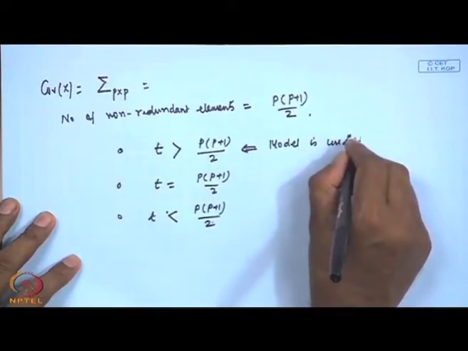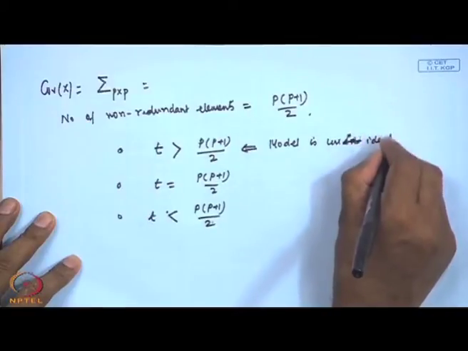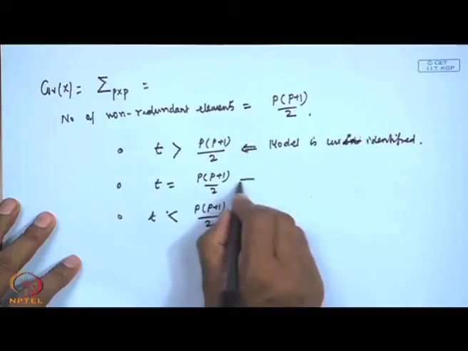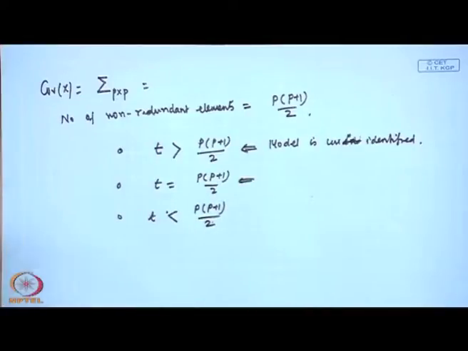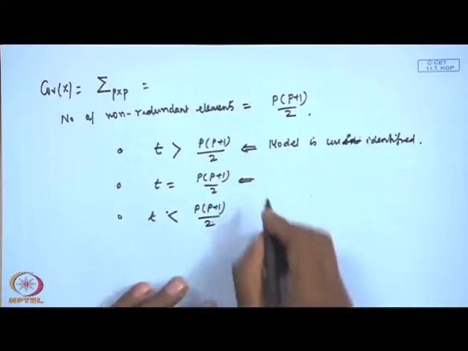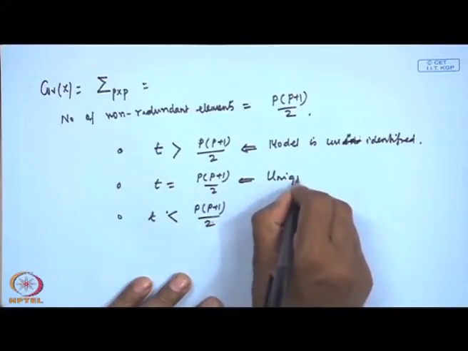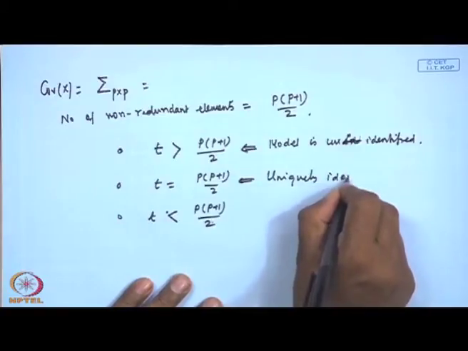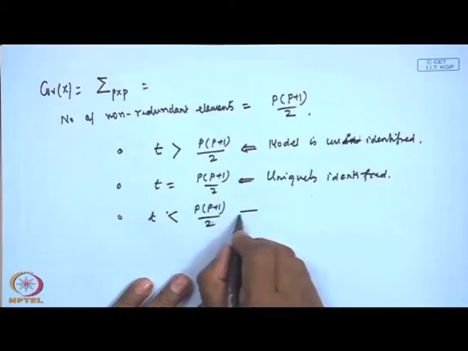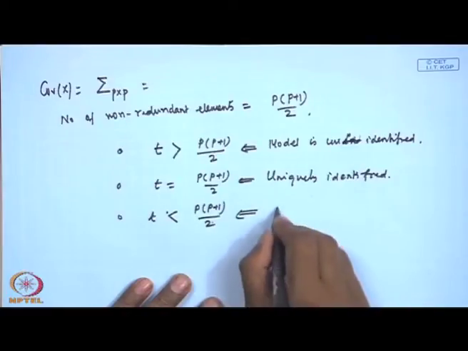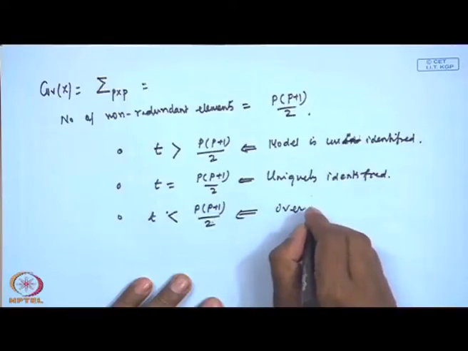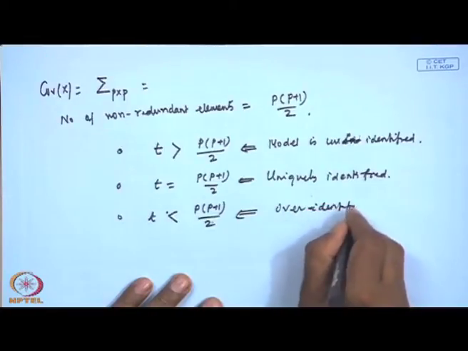In this case, the number of parameters, or unknowns, and knowns are equal. This is the uniquely identified case. And in this case, it is over identified because we have more information available, the over identified case.